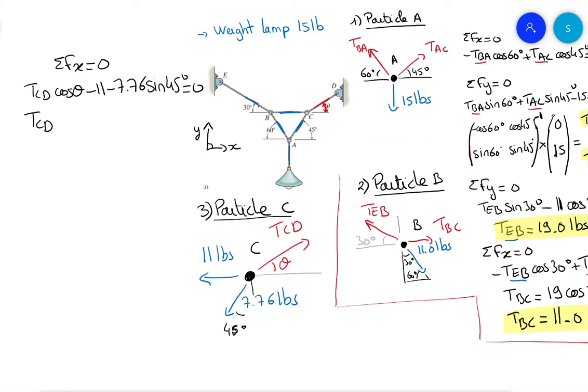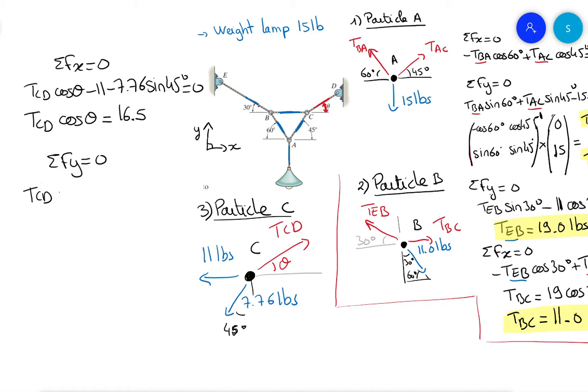So we got TCD cosine theta that is equal to 11 plus 7.76 sine 45. Try to keep your exact number. That's 16.5.